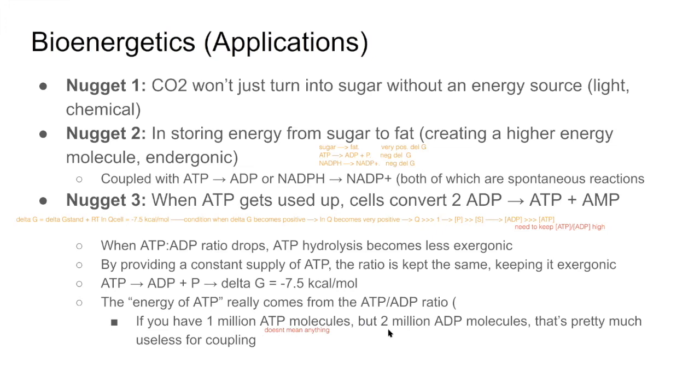If you put it with the context that you have 1 million ATP molecules and 2 million ADP molecules, that should tell you then that Q, which is ADP times Pi, and I'm assuming that the Pi molecules are about the same as the ATP, this number Q is going to be greater than 1, for sure, which would tell me that the ln of Q is going to be very positive, which would tell me that delta G of ATP hydrolysis is not favorable.